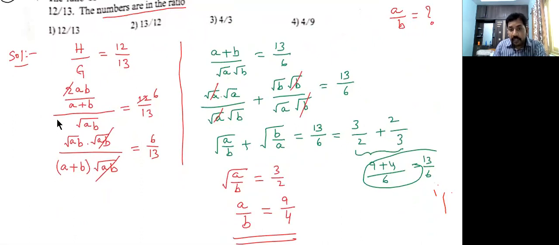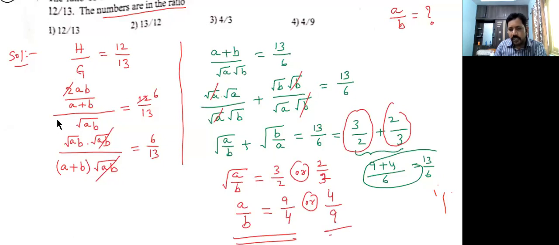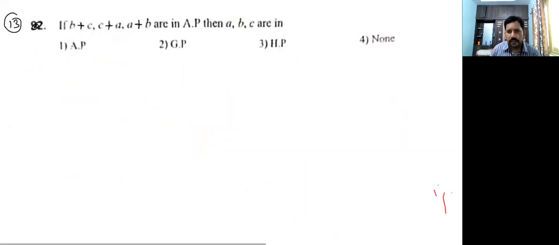Here I have taken 3 by 2. Next term I have taken 2 by 3. So root A by B value we can take either 3 by 2 or 2 by 3. Any one, no problem. 2 by 3, sorry. This is 4 by 9. See that, 9 by 4, 4 by 9. Any one, it is correct. I think the fourth option is correct.